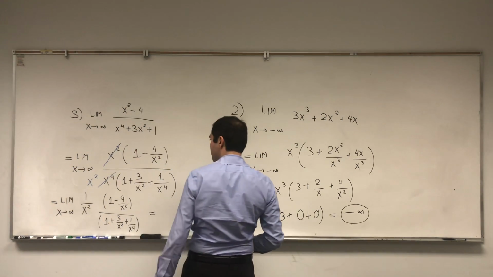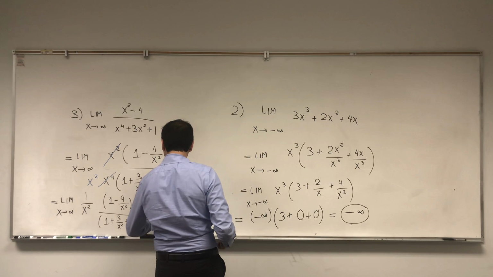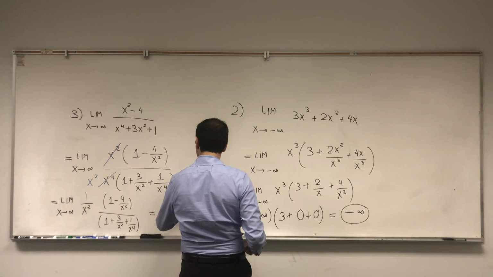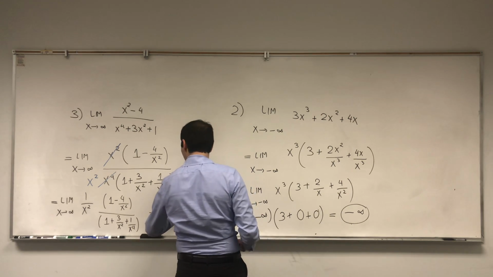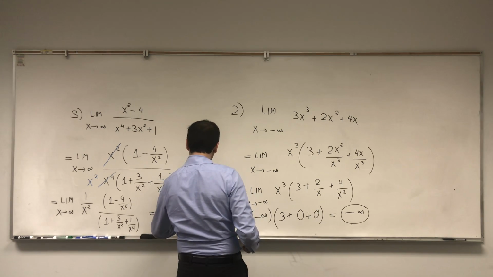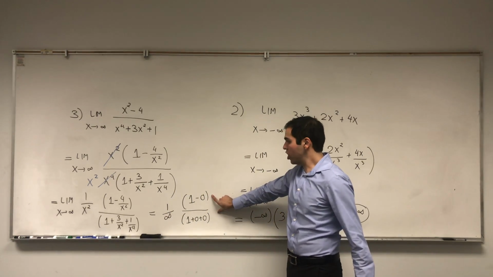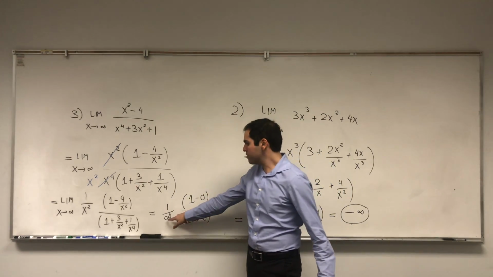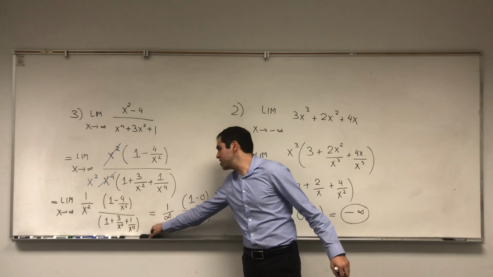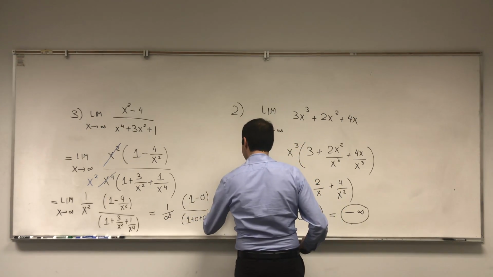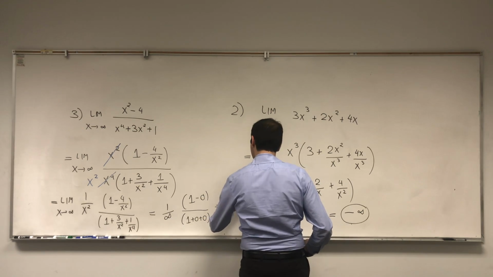And let's see what this becomes. So this is 1 over infinity, basically 0, times 1 minus 0 over 1 plus 0 plus 0. This becomes 1 times 1 over infinity, which is 0. So in the end, you're left with 0 times 1.